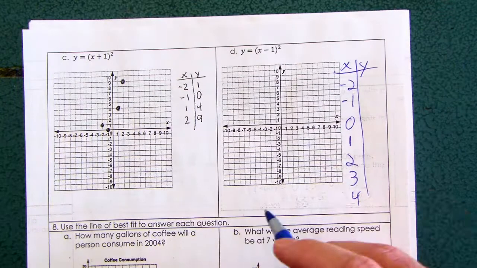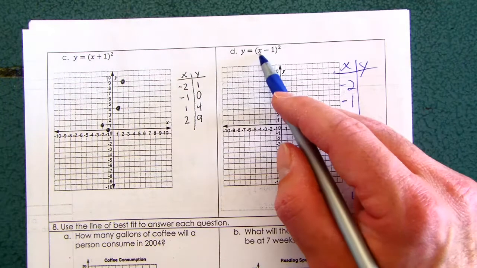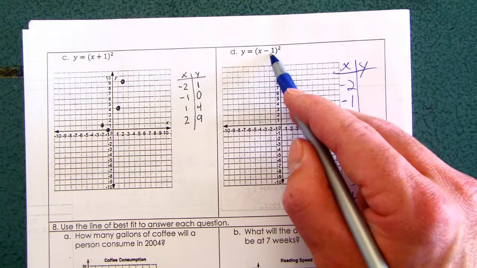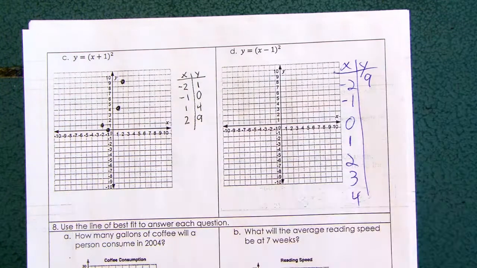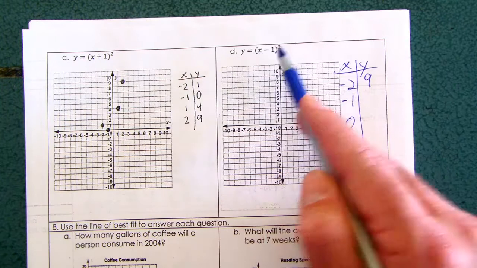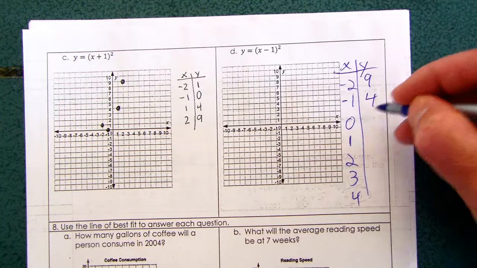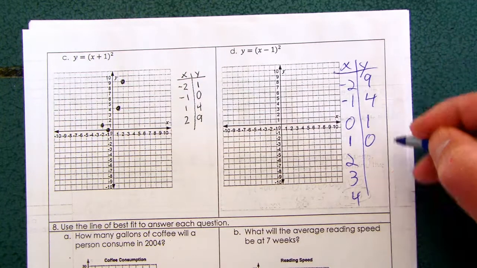These ones will give us some smaller x values here. So if we put -2 in here, -2 minus 1 is -3. -3 squared is 9. -1 minus 1 is -2. -2 squared is 4. Then we should get 1, 0, 1, 4, and 9.